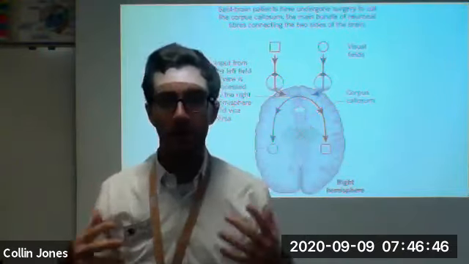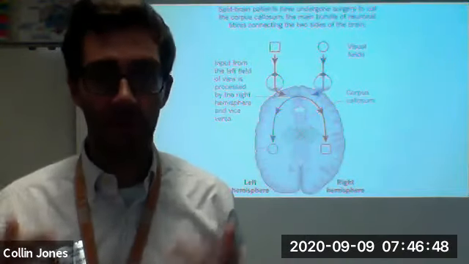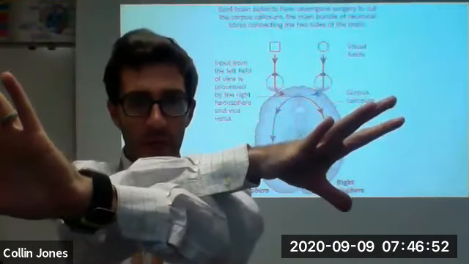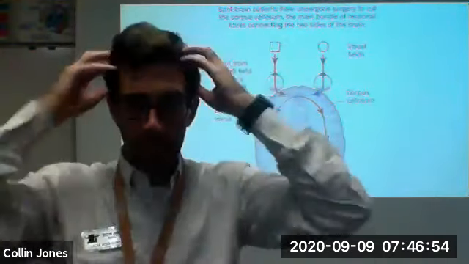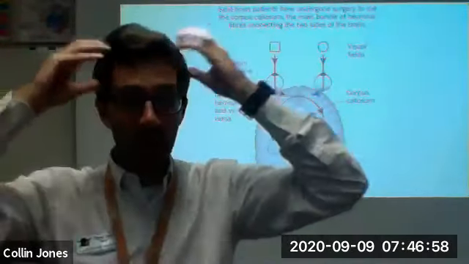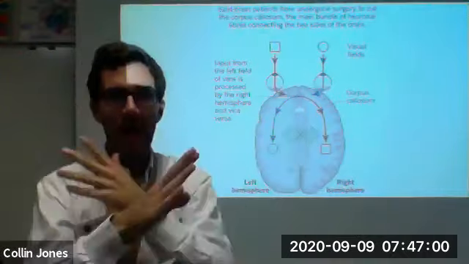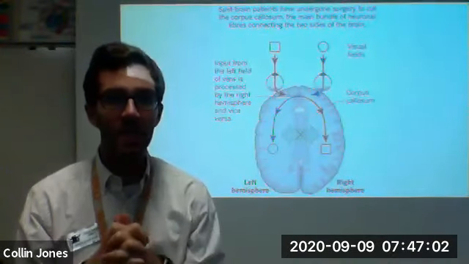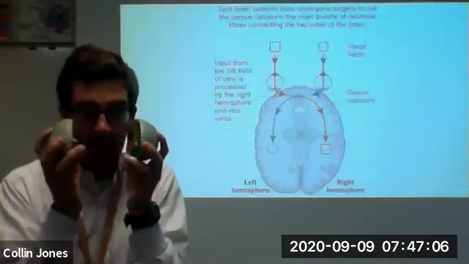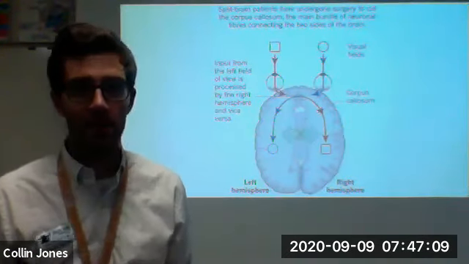Now, for all of us with normal brains, with our corpus callosum, that's totally fine, because the stuff we see that goes to the left and the right hemispheres, these hemispheres can communicate with each other. No big deal. So every part of our brain knows about everything we see. In split brain patients who had seizures and had their brain cut in half, this is not the case, okay?